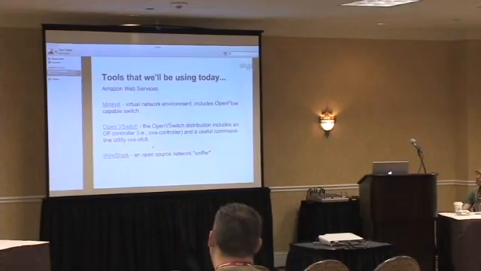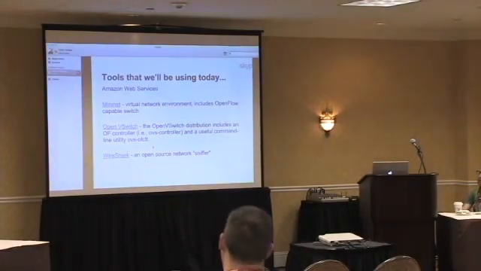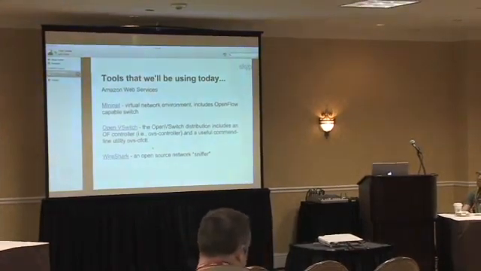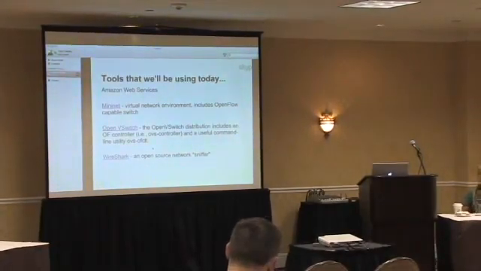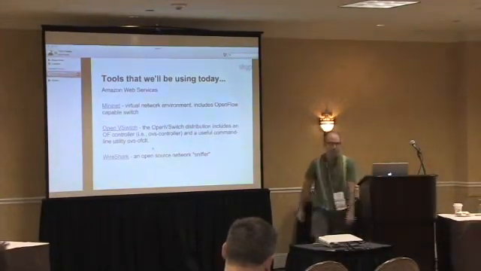Open vSwitch is an open source project, but it's controlled somewhat by what was formerly Nicira and is now VMware. So it is an open source project, and you can take the source code from OVS and fork it and start your own project. I think last time I looked, there were about a dozen forks of OVS on GitHub, people doing various things with it.